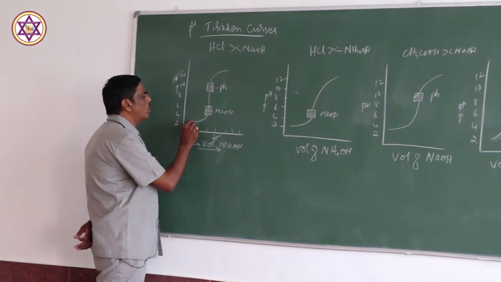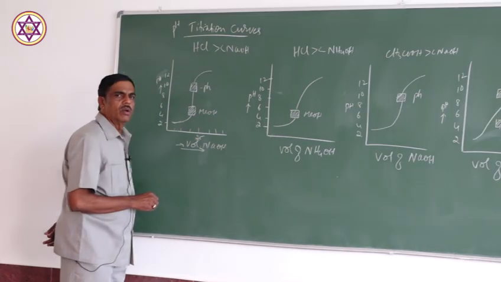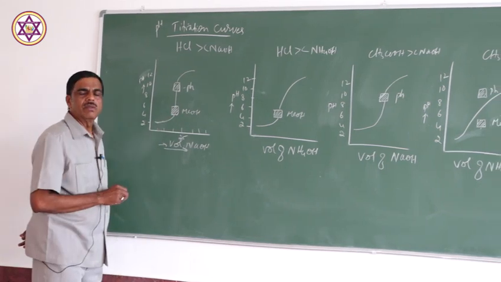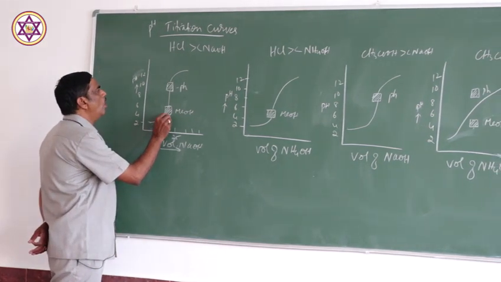On adding more sodium hydroxide, what happens? Near the end point, the pH suddenly changes from 4 to 10.